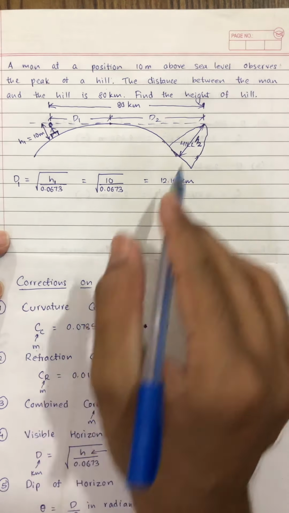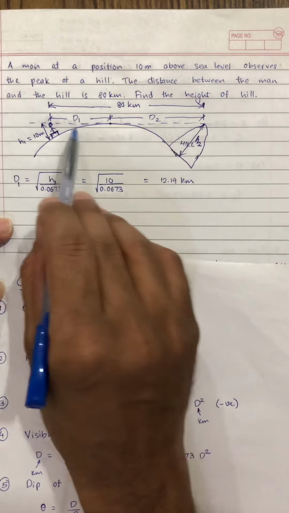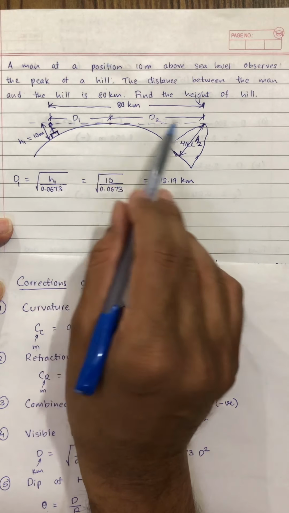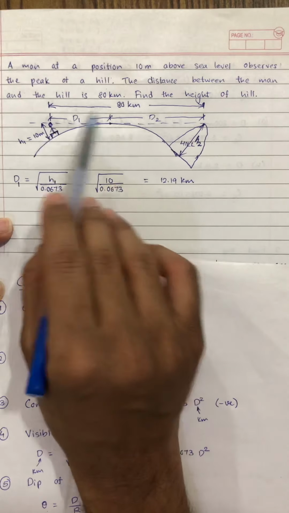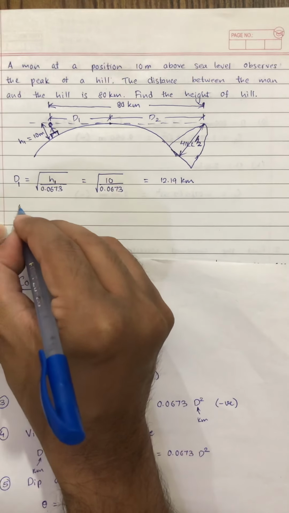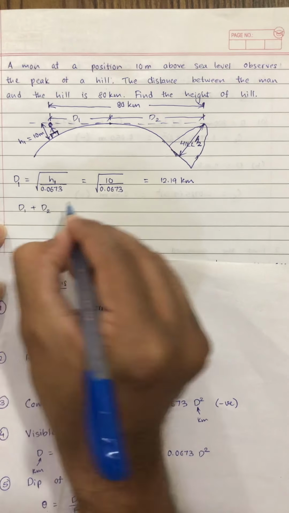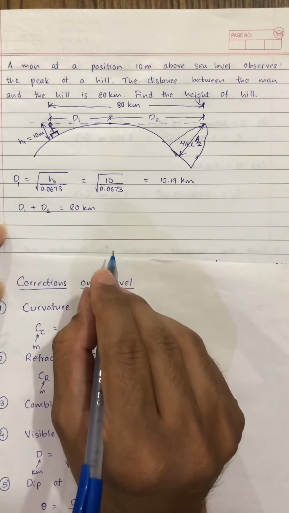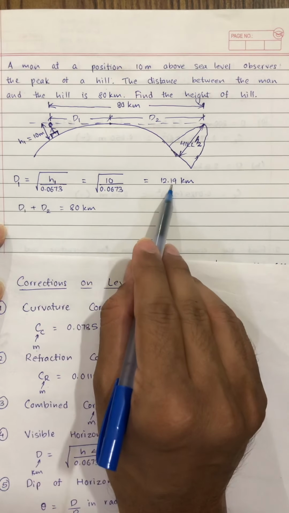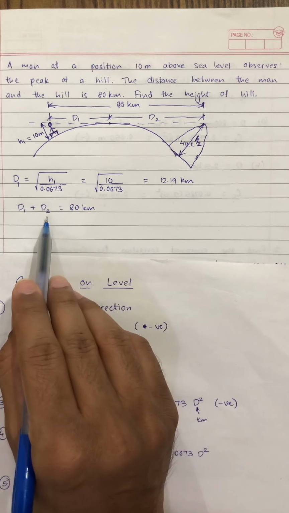Now from this figure we can see that d1 plus d2 is equal to the total distance 80, isn't it? So we can write that d1 plus d2 is equal to 80 kilometer. But we got the value of d1, so we can find the value of d2.